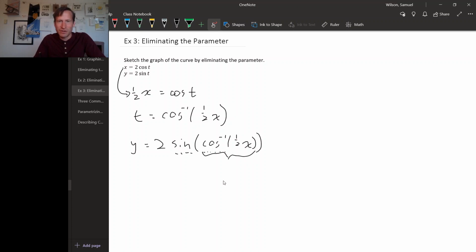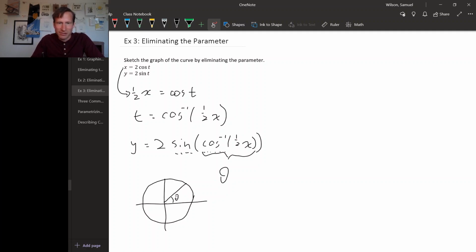This inverse trig function produces an angle. We don't know what that angle is, so let's just call it theta. We can draw a triangle that represents this situation.